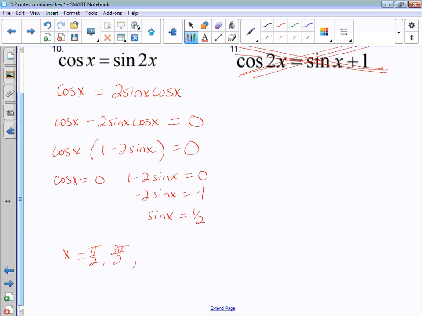There you go. Pi over 6 and 5 pi over 6. Again, do you see why knowing your circle matters? Did it say all solutions? No. And once we were here, after this, did we have a 2 next to our x anywhere here?